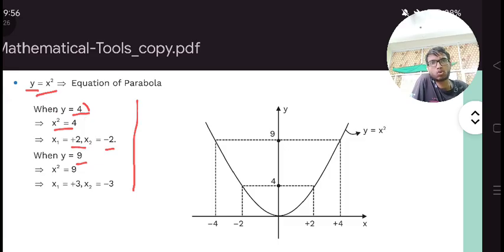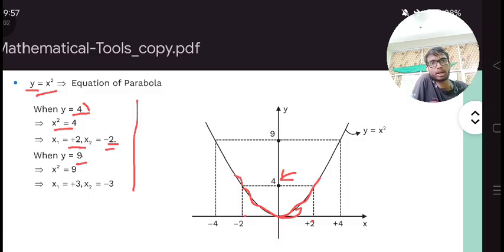Here you can see this is y is equal to 4. So y is over here. If we put y as 4, then x is coming how much? Plus 2 and minus 2. So it will go like that. Clear?